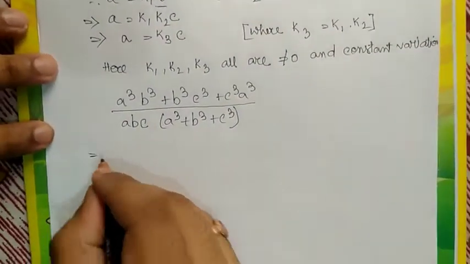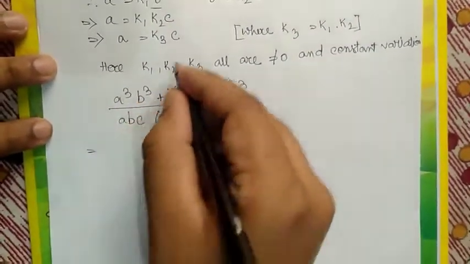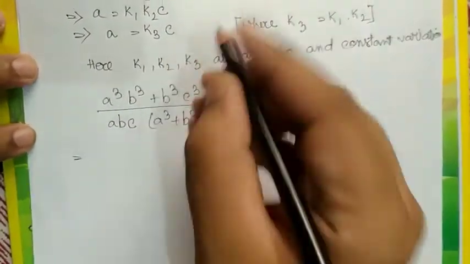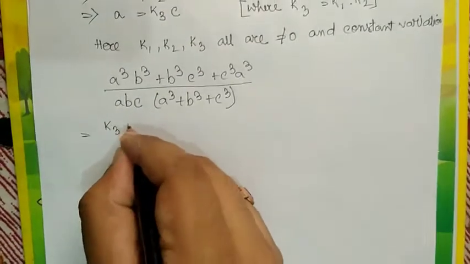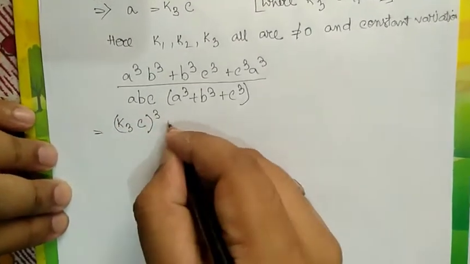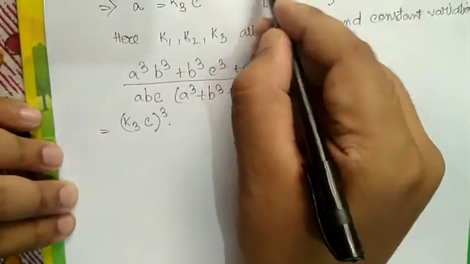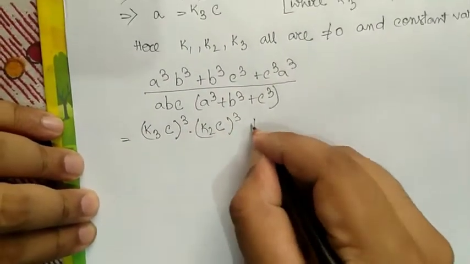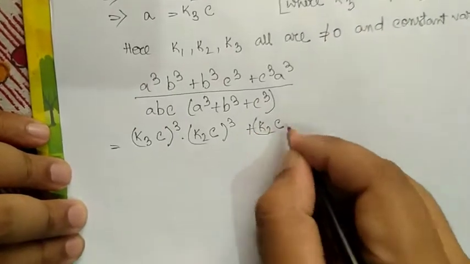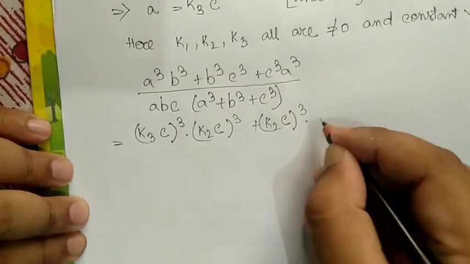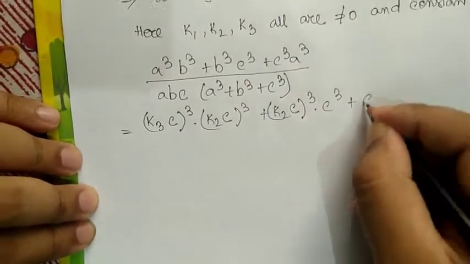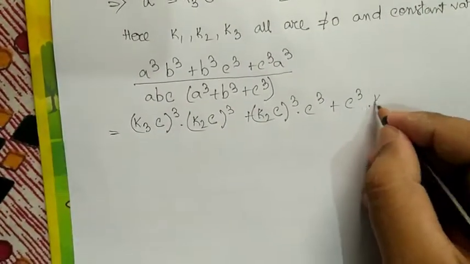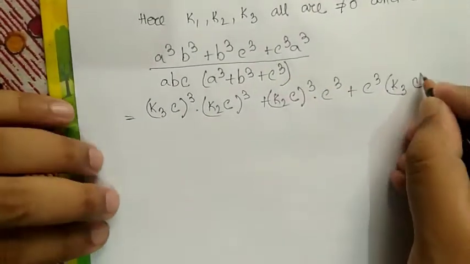Now we have to put those values. A means K3 C whole cube into B cube, B means K2 C whole cube, plus K2 C whole cube into C cube, plus C cube into K3 C whole cube.